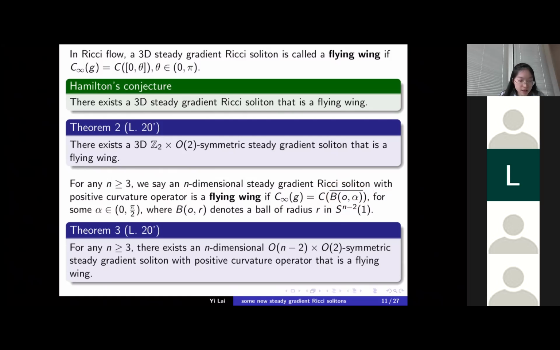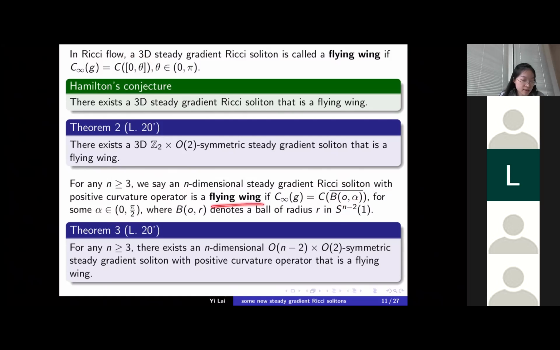As you will see, this geodesic ball is a generalization of this interval. You can view this interval as a geodesic ball in S1 of radius theta over 2, so theta over 2 is between 0 and pi over 2.